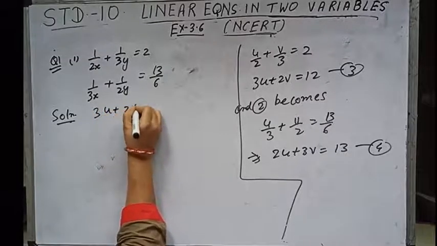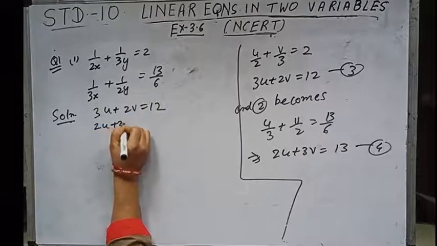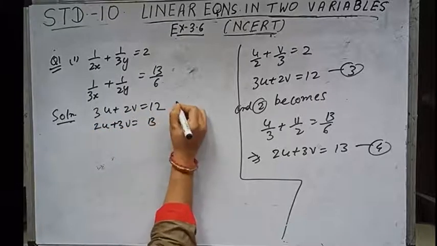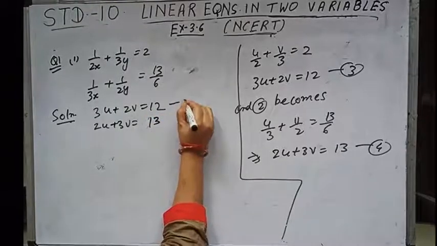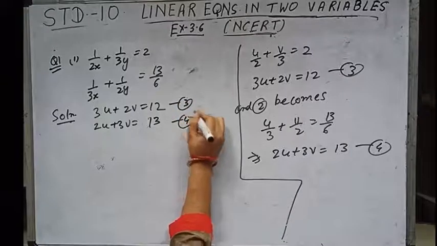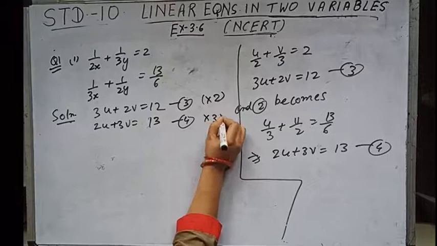3u plus 2v equals to 12, and over here 2u plus 3v equals to 13. Equation 3 and 4. This was equation 3 and this was equation 4. Now let us multiply this with 2 and this with 3.